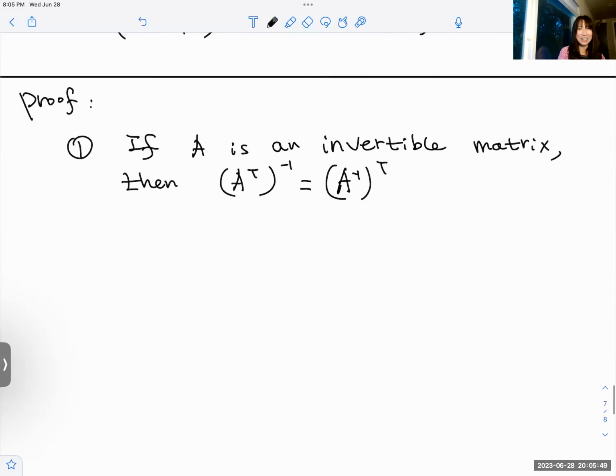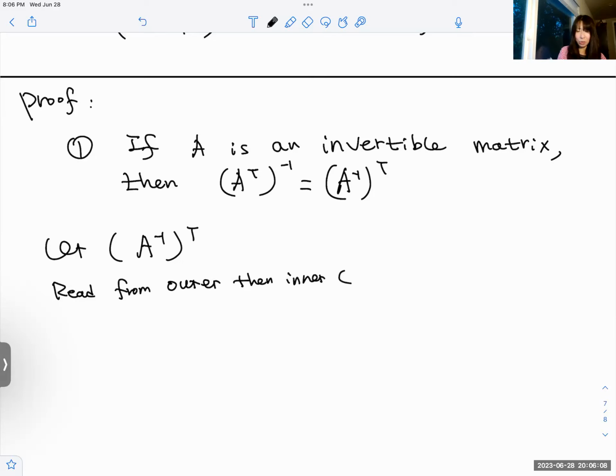Okay, so let us do that. We read from the right, outer to inner, or we can say right to left.